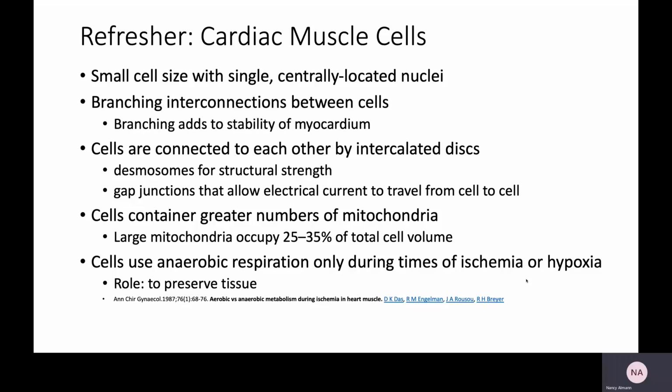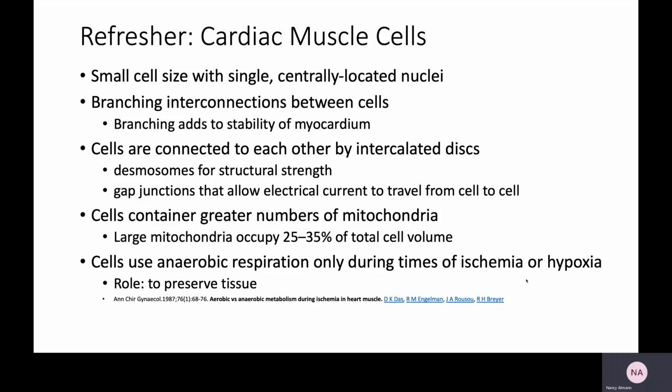Let's talk a little bit about cardiac muscle cells as a refresher. We know they are relatively small sized. They have a single centrally located nuclei. They are going to be branching cells. That means that they will be interconnected with other cells. That branching adds to the stability of the heart wall, myocardium.